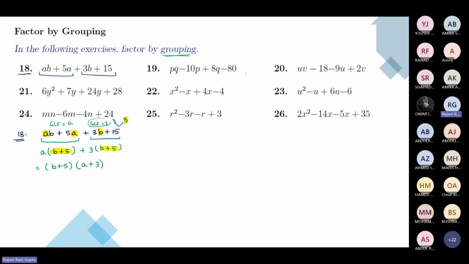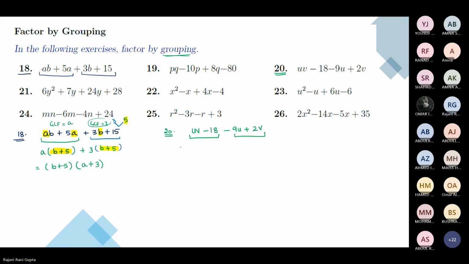Let's try, say, question number 20 to check if it is clear or not. So you have the terms uv minus 18 minus 9u plus 2v. So we make groups. Okay, two terms.